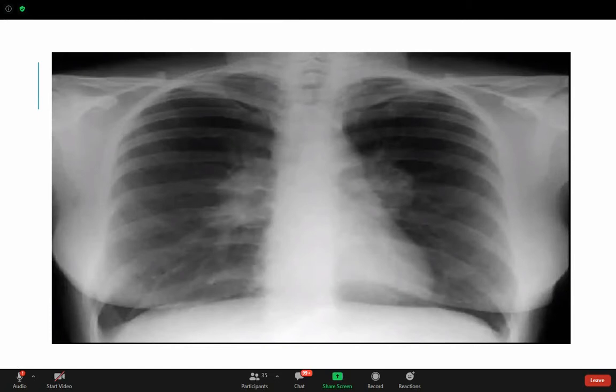Asymptomatic, has bilateral hilar, what looks like lymphadenopathy. Okay. Sarcoidosis, TB, good. What else? Those are good differential diagnoses.